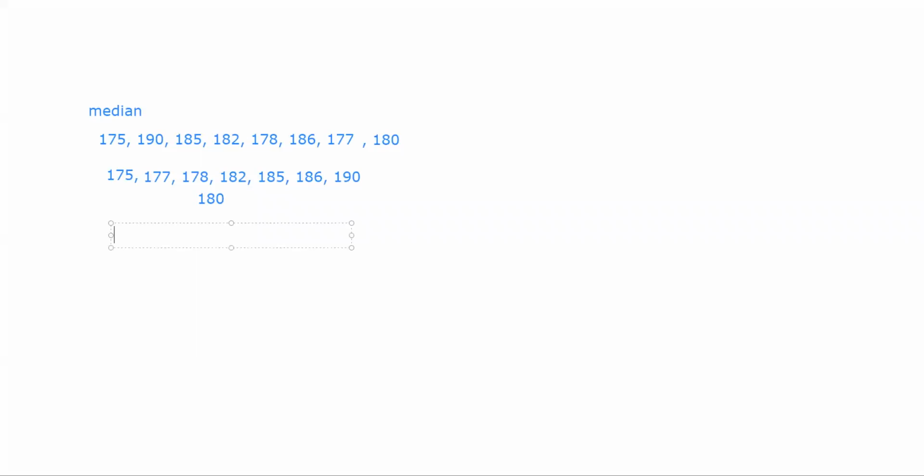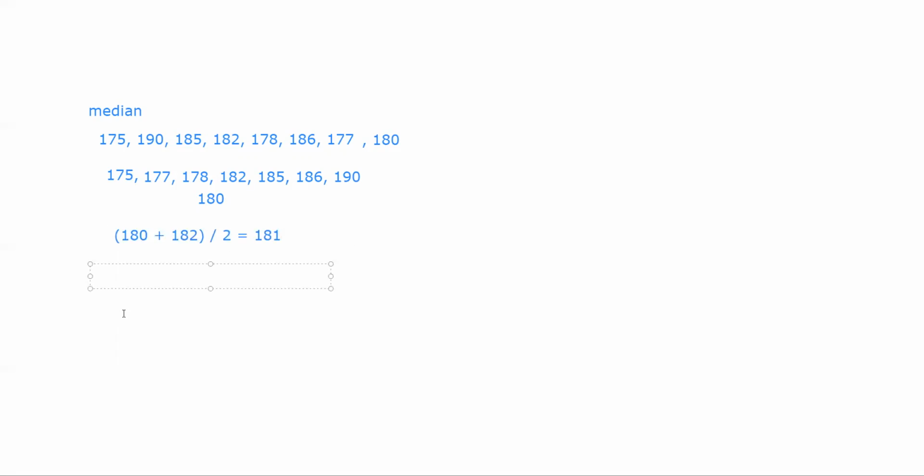So to calculate the average of 180 and 182, we add 180 with 182 and divide it by 2. So that would be equal to 181. So this would be the median value for this data set.